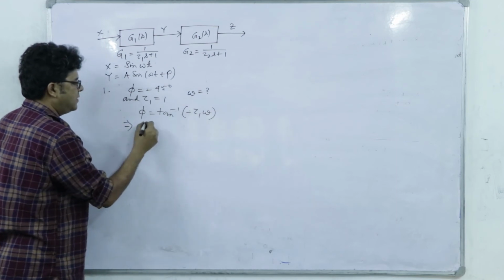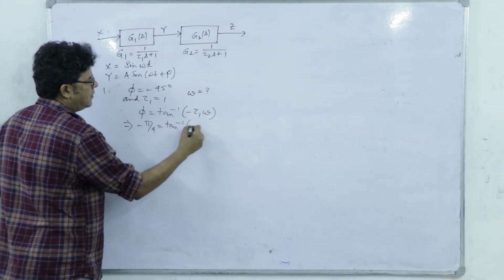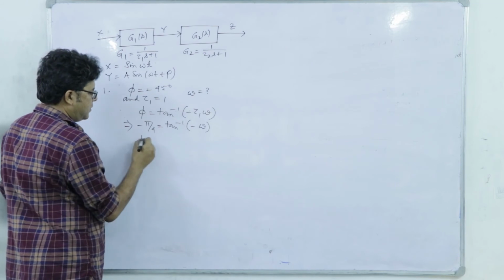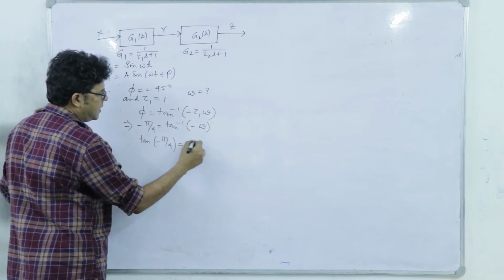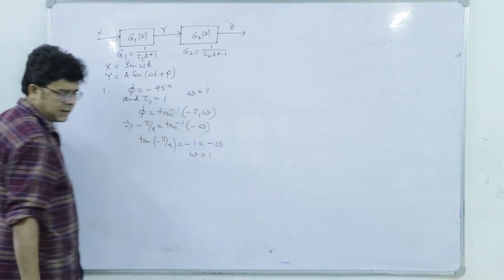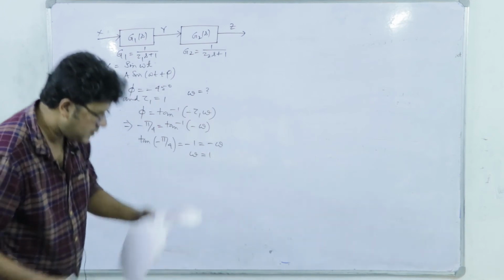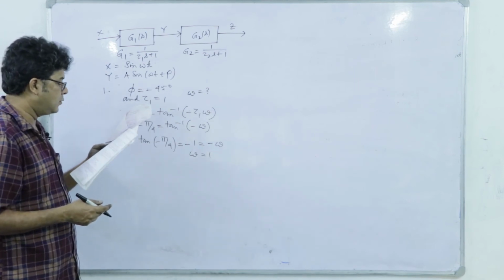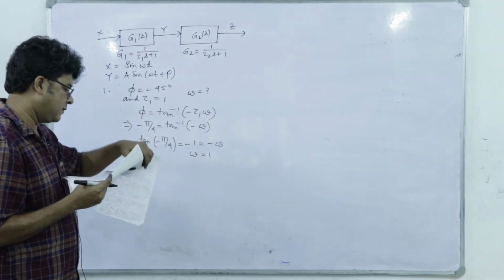So phi is minus 45, that is minus pi by 4, tan inverse of minus omega. So tan of minus pi by 4, this is minus 1, is equal to minus omega, so omega equals 1, right?